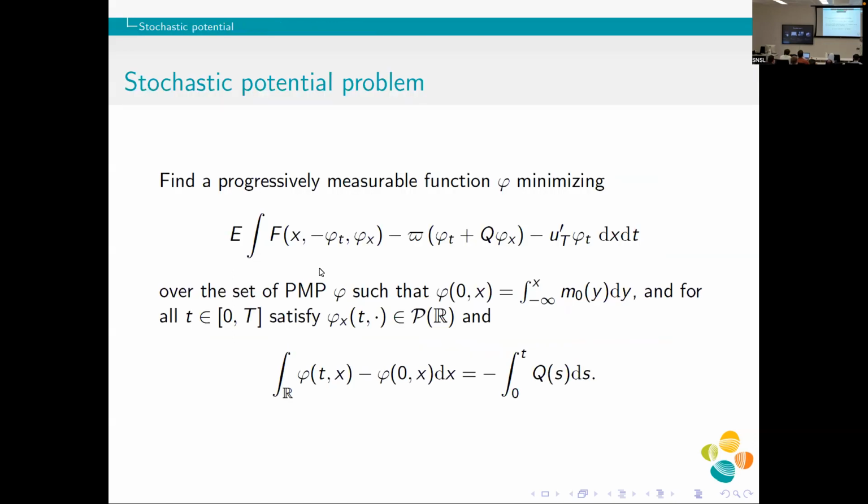Now, another approach that I want to talk about is this price, this potential problem, and this is a really neat thing, because what we did was to say, well, let's look. Remember that in the problem that I discussed, there was no expectation because it was the deterministic case. But we looked at a random functional, because phi is a progressively measurable function that minimizes the integral and satisfies the supply versus demand condition.